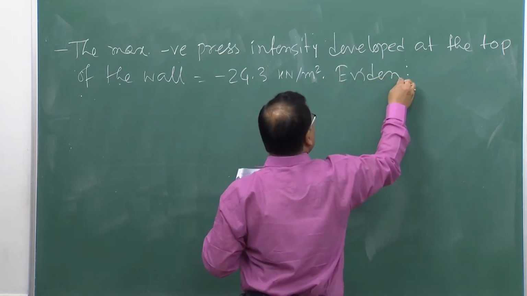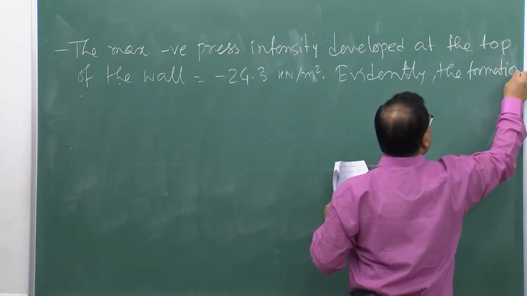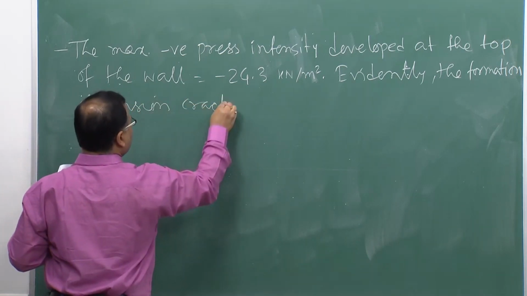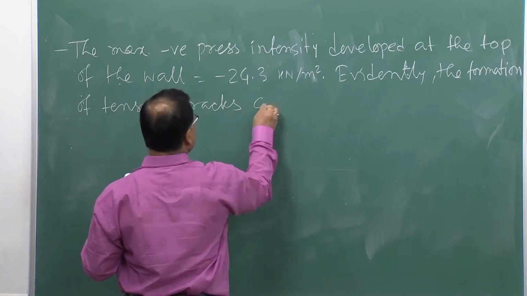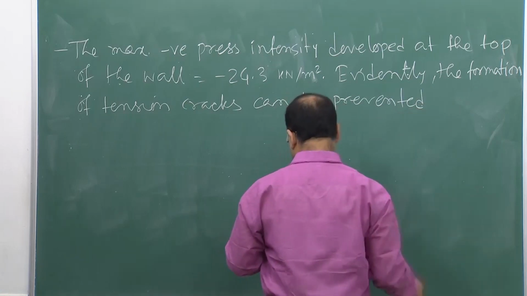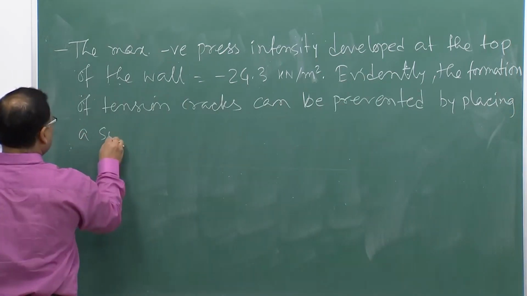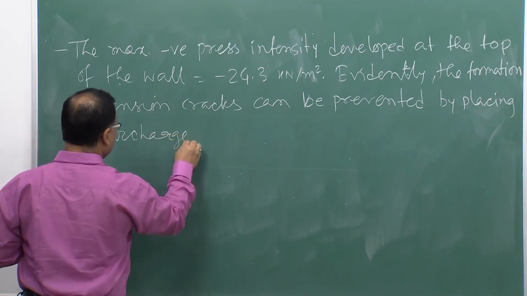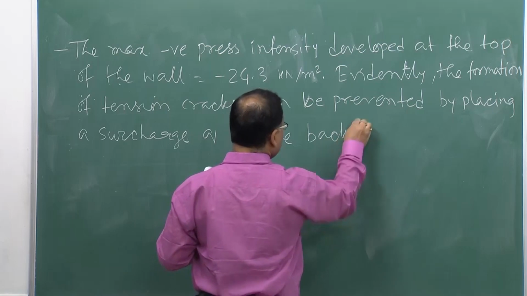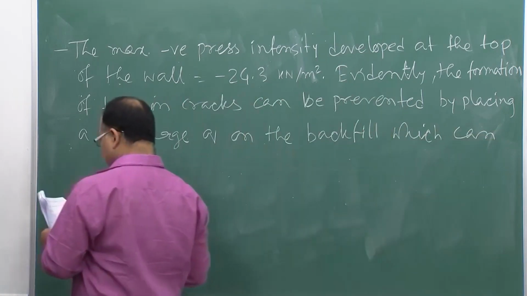Evidently, the formation of tension cracks can be prevented by placing a surcharge Q on the backfill which can neutralize this negative pressure.